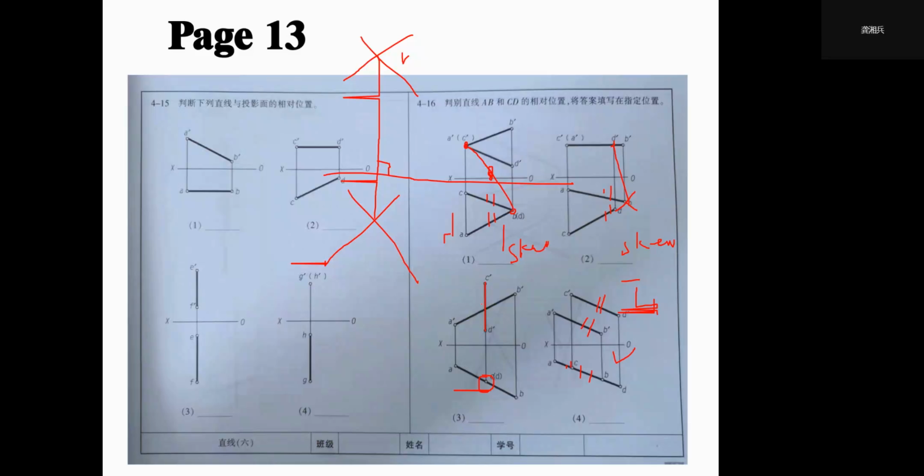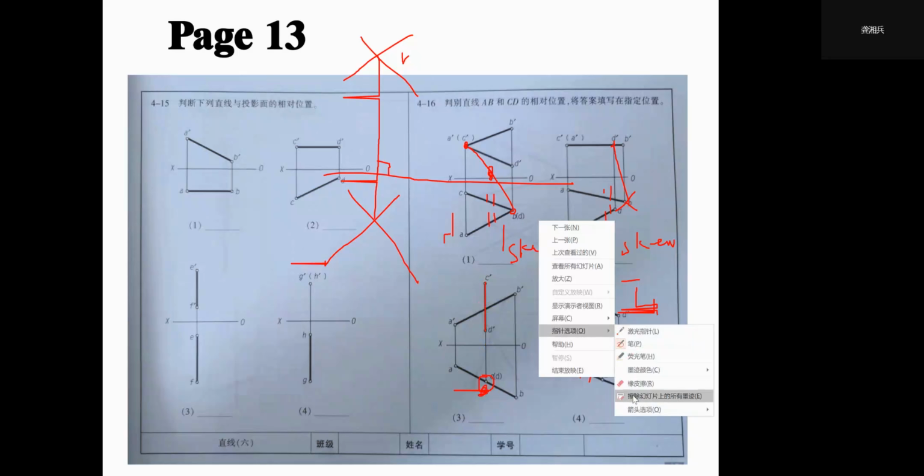Yeah, intersecting, because AB is located at D, because CD is a spatial line. The projection of the spatial line is on AB, which means these two lines have an intersection. If there is no intersection, the CD projection point should be outside of the line. Yeah, that's right. If these two are skew lines, remember this one.